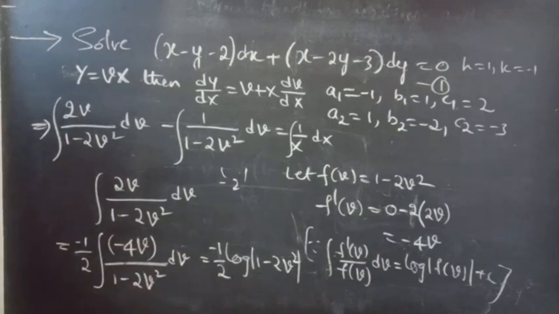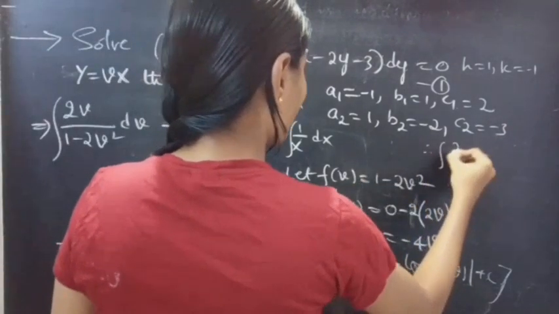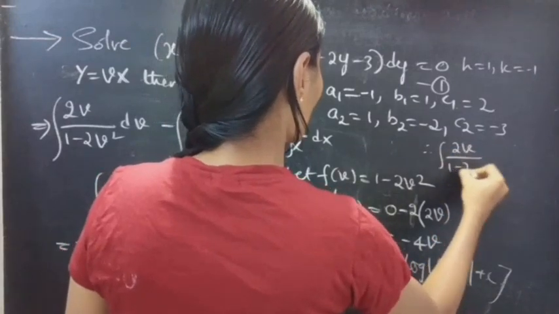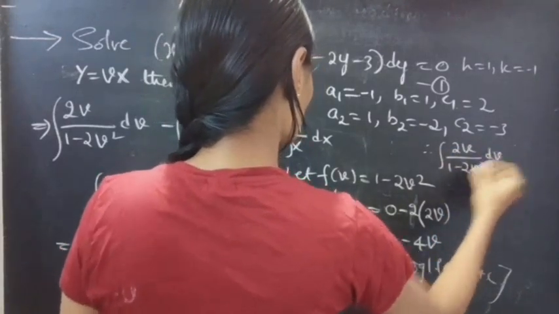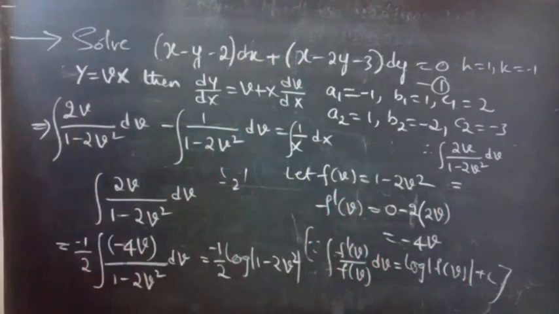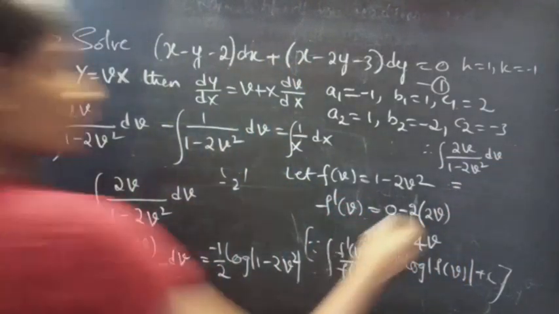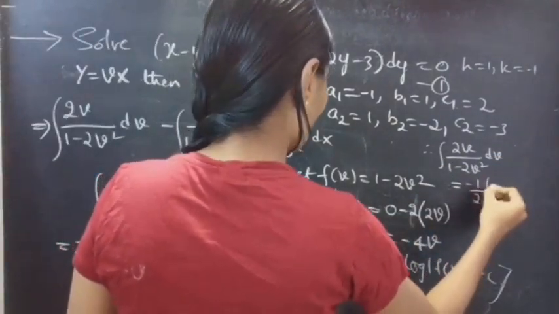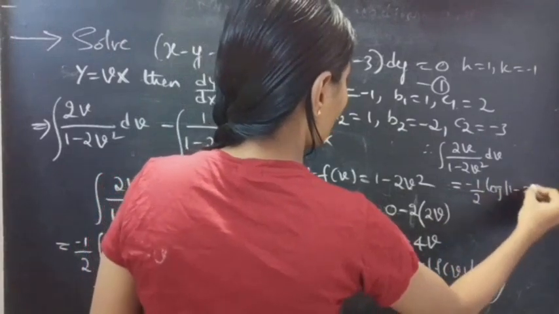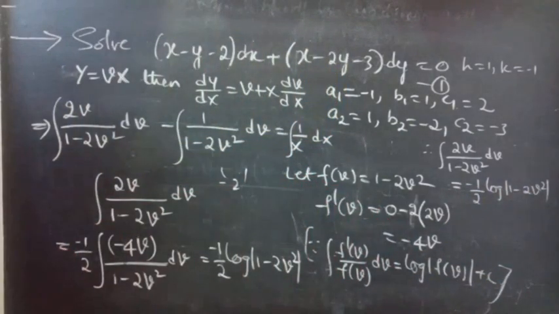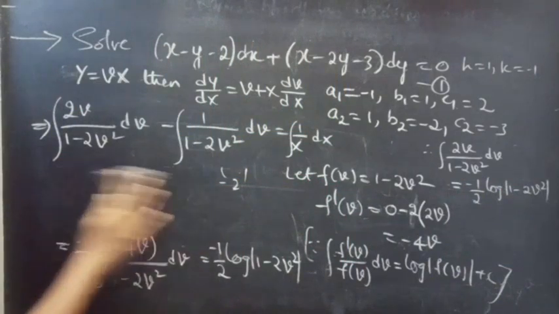Therefore, integral 2v by 1 minus 2v square into dv equals minus 1 by 2 log mod 1 minus 2v square. Fine. Now let's evaluate the second integral.